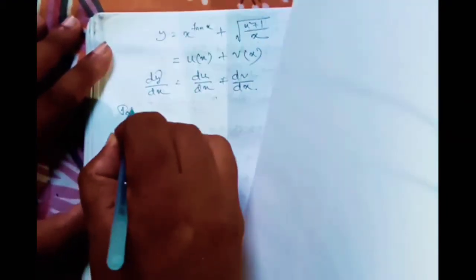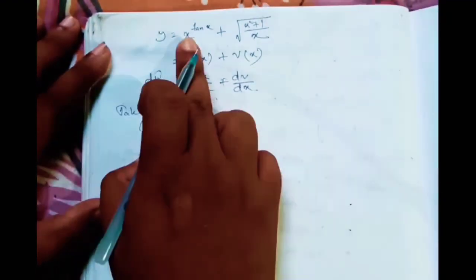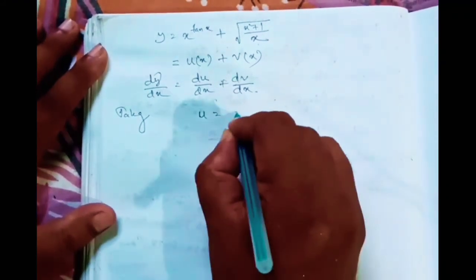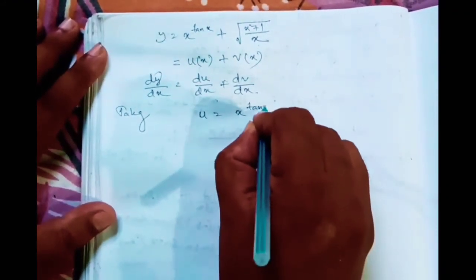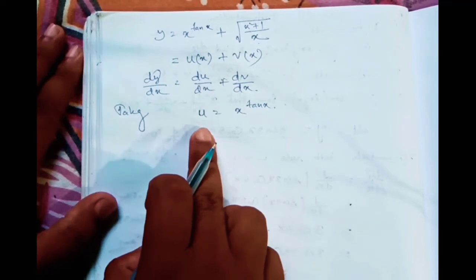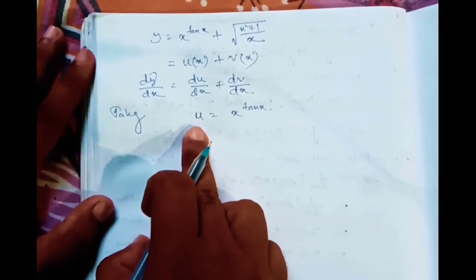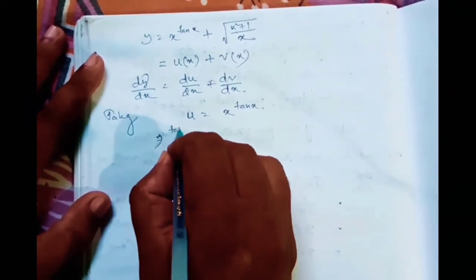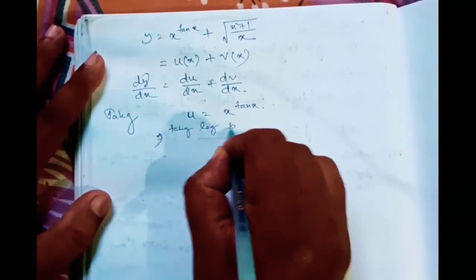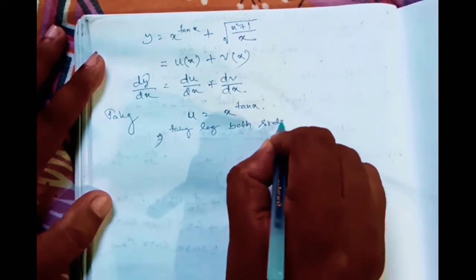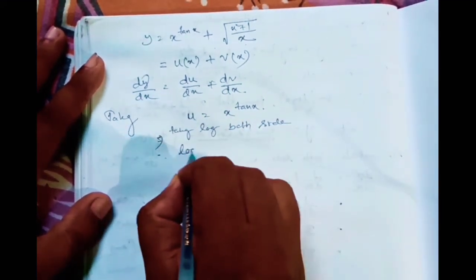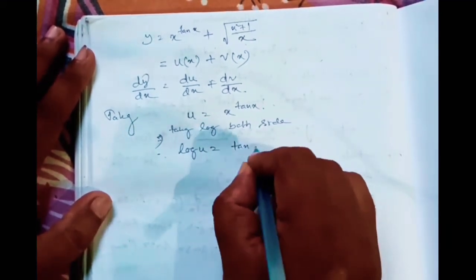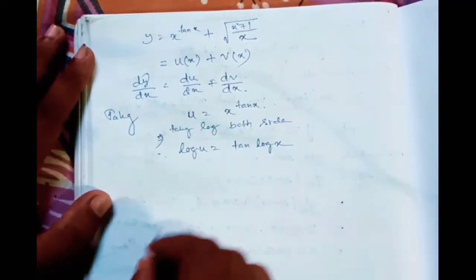Now taking this as u, what are we getting? u is equal to x to the power 10x. So first we differentiate this with respect to x. So taking log both sides, what do we get? log u is equal to 10x log x.